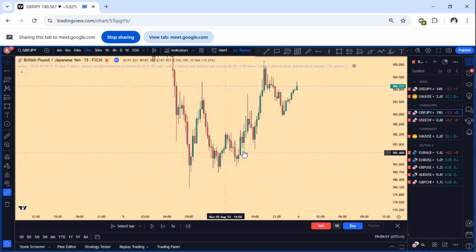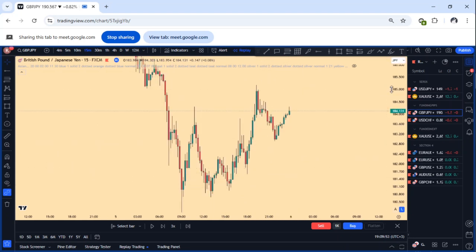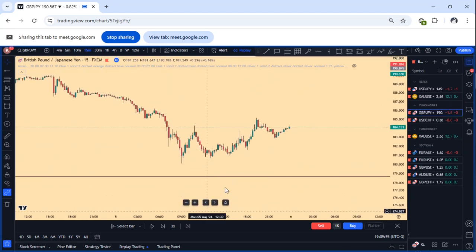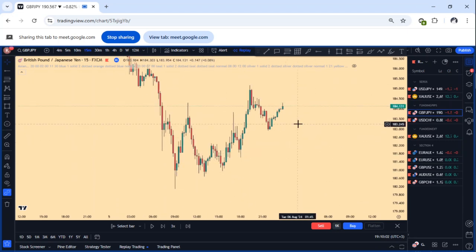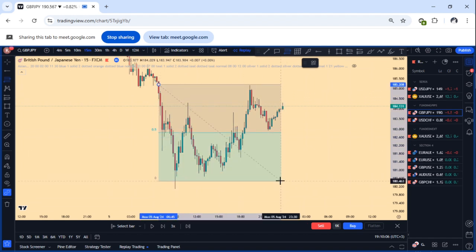Now somebody will be saying we are trying to reverse back. But in real sense, this could be another range again, then we can have another initiation at this particular point. We can break out of this range down here, then we mitigate, and then we continue.